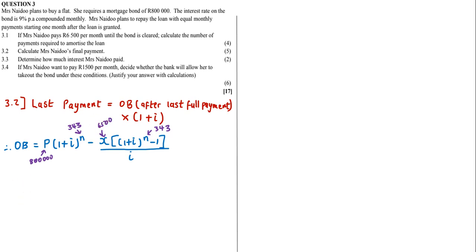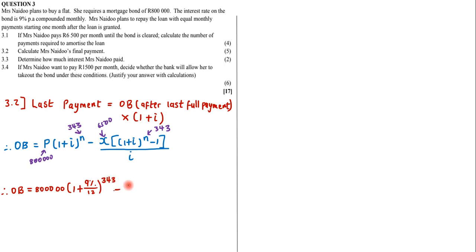All right, so let's go ahead and calculate this so that we can get our outstanding balance. The outstanding balance will then be 800,000 into 1 plus the interest, 9% divided by 12, raised to the power of 343.